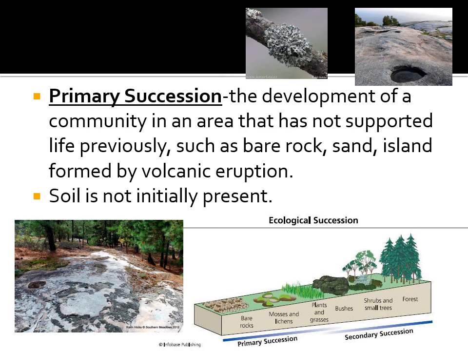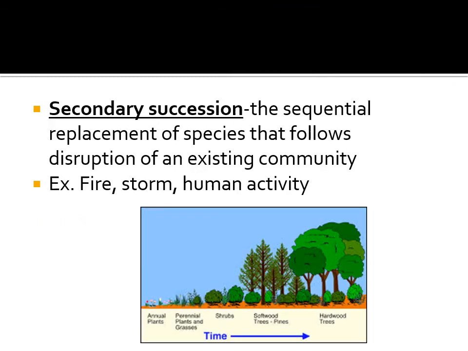Eventually, you can get some bigger plants, different types of bushes and shrubs that can grow in that area once the soil becomes a little bit better. And then over a long period of time, you might eventually get bigger types of trees that could show up in that area and animals along with it all throughout. So that's primary succession. Happens in a place where life did not exist before.